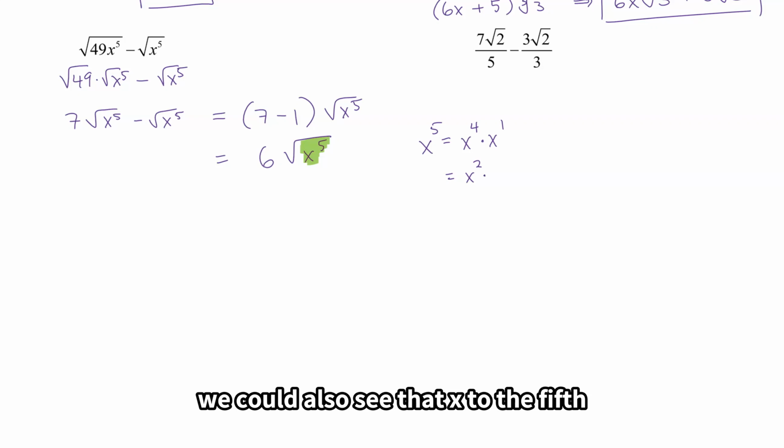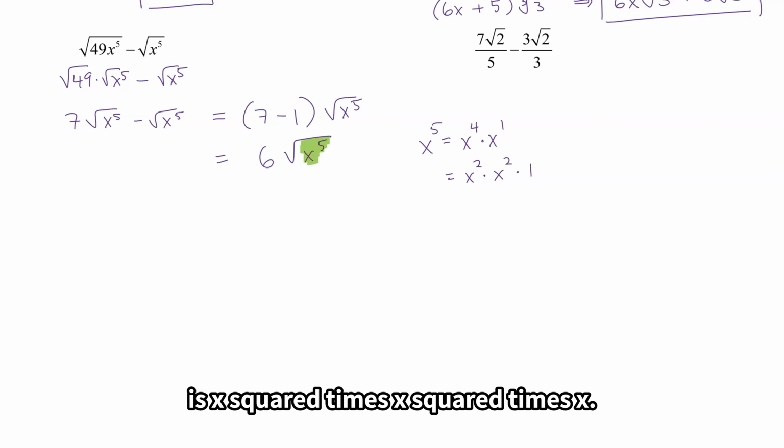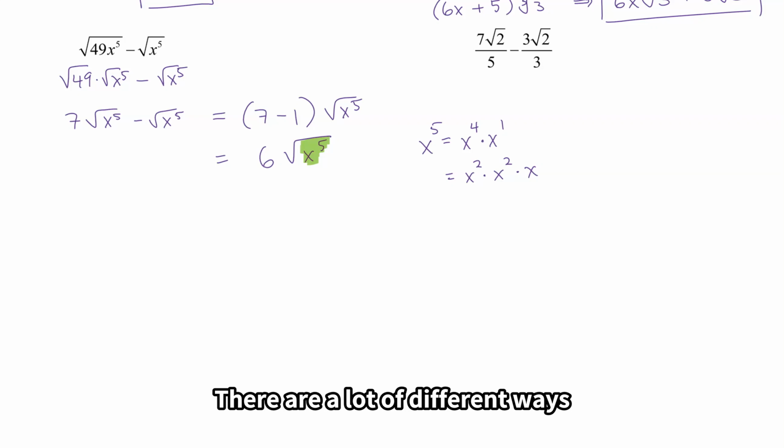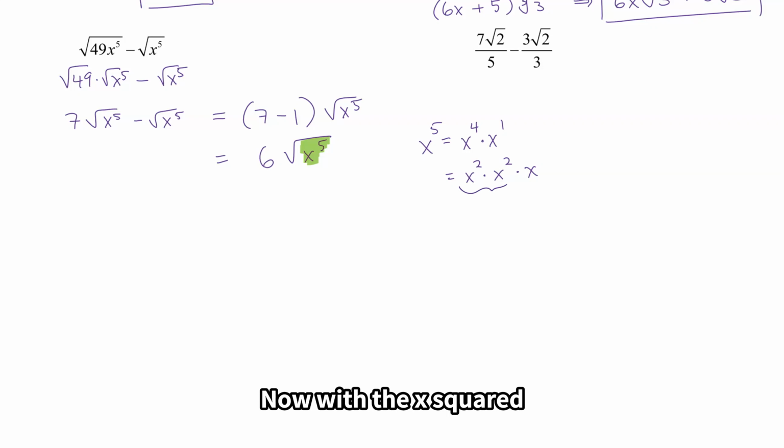We could also see that x to the 5th is x squared times x times x. There are a lot of different ways that we can group these x's so that it makes it convenient for us.